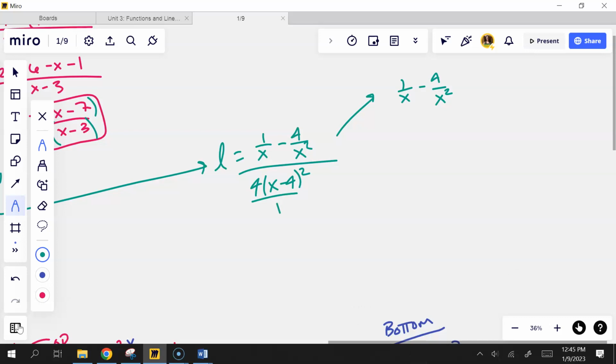LCD here. Squared, so this needs a x. So I get 1x minus 4 over x squared. This one's already simplified, right? So I'm just going to go ahead and put them together. So top, yep. Yes, yes.